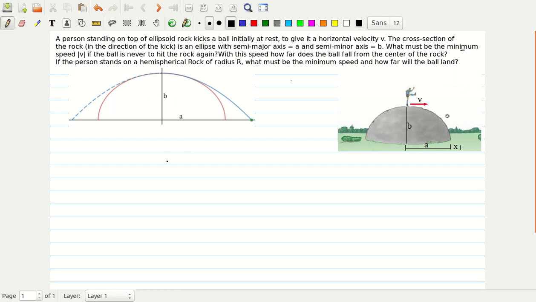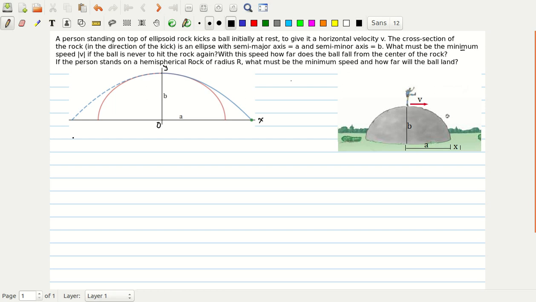I'm assuming this is our origin, this is our x-axis and this is our y-axis. Given these conditions, first we have to find the equation of this parabola for the football, right?